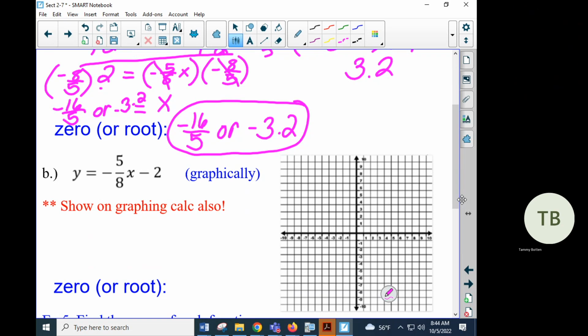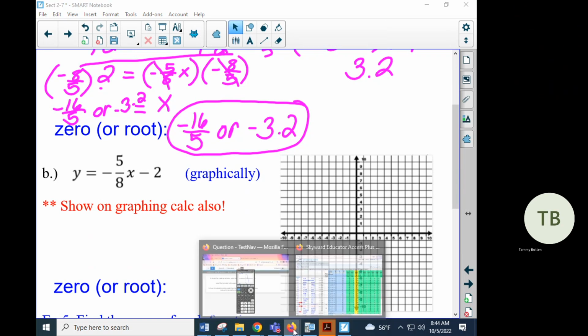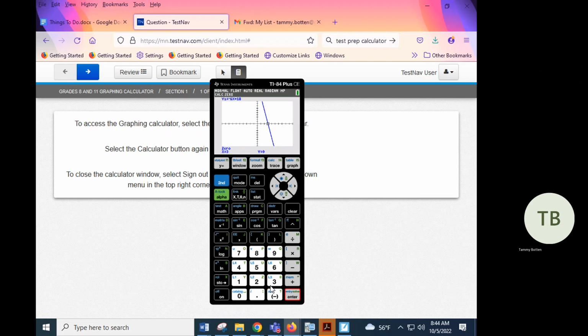So if I did that on the graphing calculator instead, I'd go to my y equals, I'd clear this. I'd go parenthesis, was it -8/5 or -5/8? -5/8 in parentheses. Then I'd go my x, then was it -2, thank you.